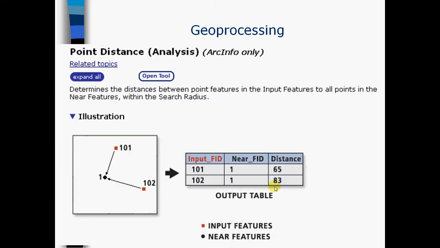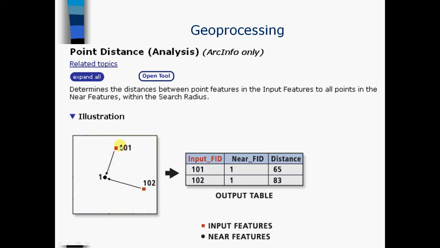Another geoprocessing tool is called PointDistance, which computes the distance from each particular feature in the input feature class and determines what's the closest feature in some other feature class.